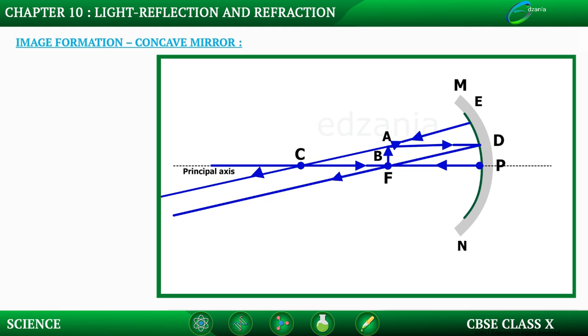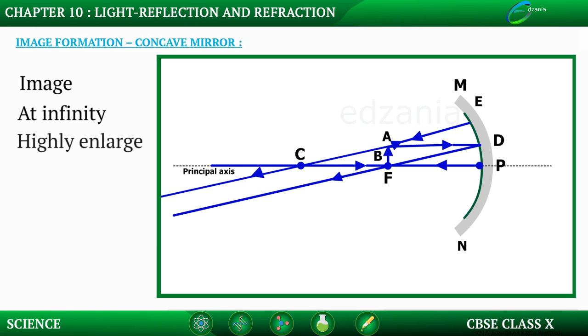So in this case we can say the image will be highly enlarged. All the light rays are parallel to each other, seeming to be converging somewhere at infinity. So the image will be at infinity, highly enlarged, and obviously real and inverted.